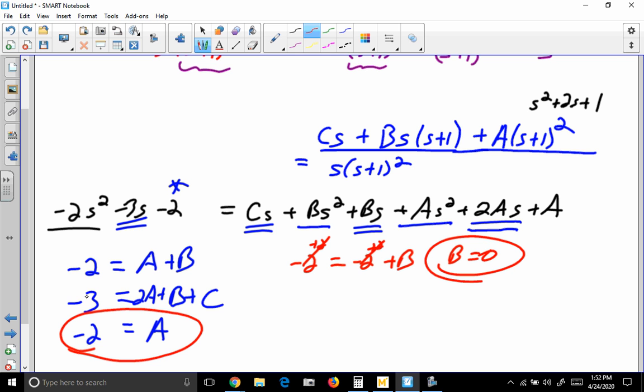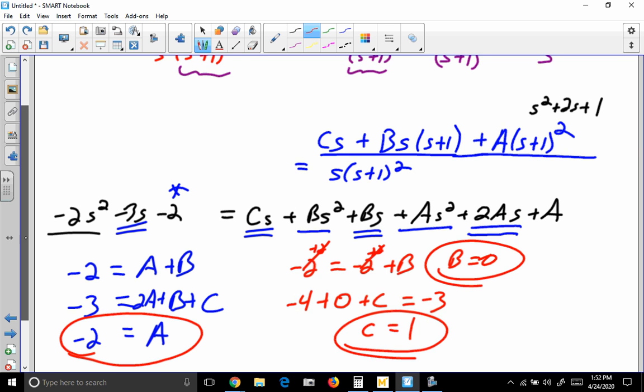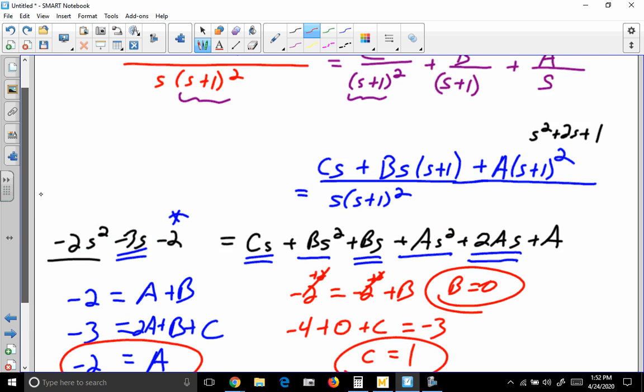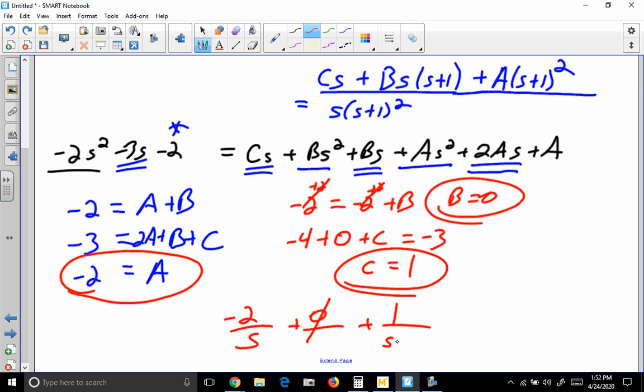And then to get c, we could plug it in here. 2 a's, so 2 times -2, plus b plus c is -3. Add 4 to both sides, and c would have to be 1. So now that we have A, B, and C, we can rewrite this. We have A over s, B over, it doesn't matter what B is over because B is 0, and then we have C over s plus 1 squared.